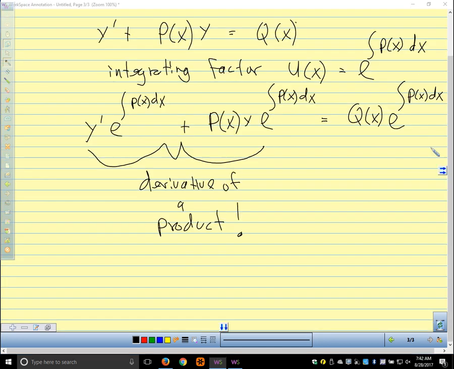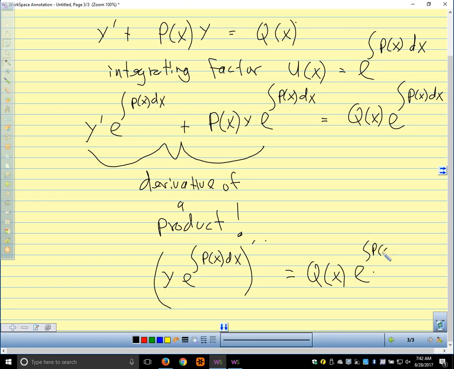I can rewrite that as y e to the integral of p of x dx, quantity prime, because if I take the derivative of this using the product rule, I get this whole thing, equals q of x e to the integral of p of x dx.